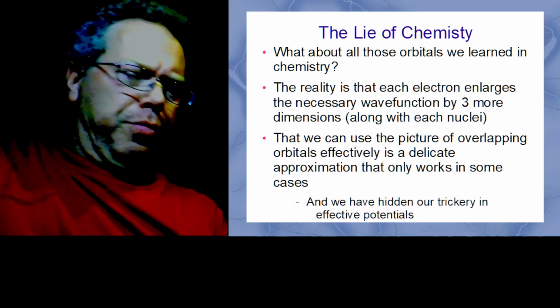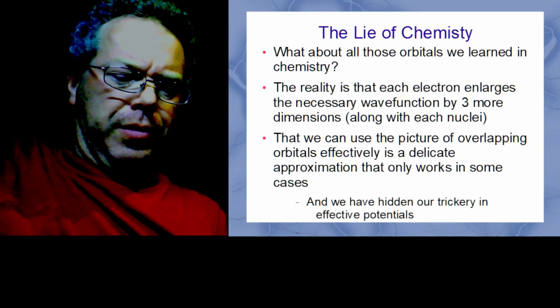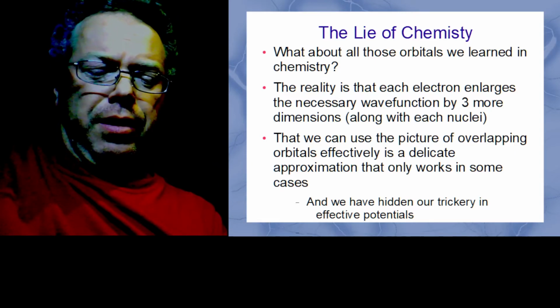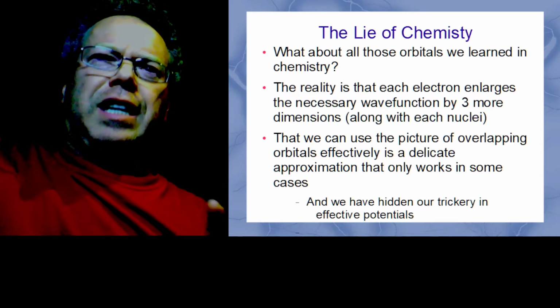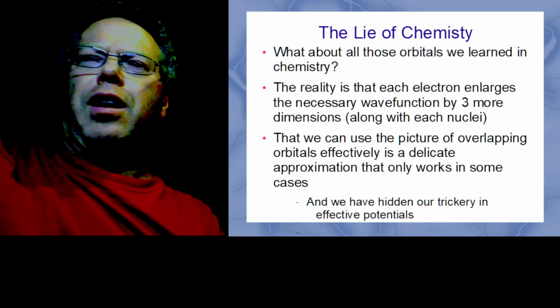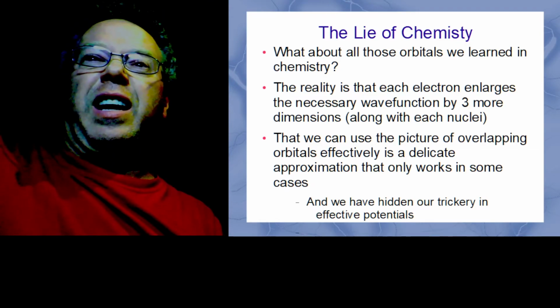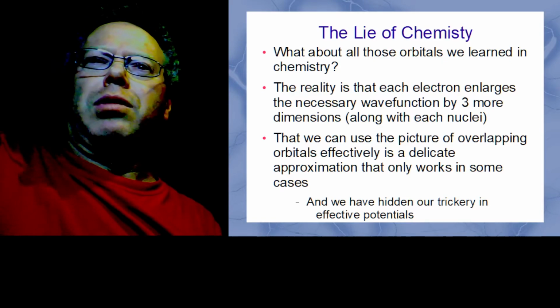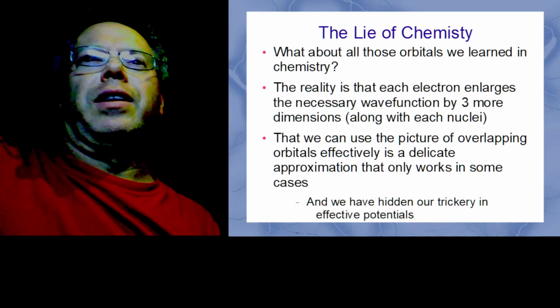The most honest people are probably the diffusion Monte Carlo people. They seem really clear about the complexity of the many-body wave function, and of course they're not visualizable. They're just way too big and complex.